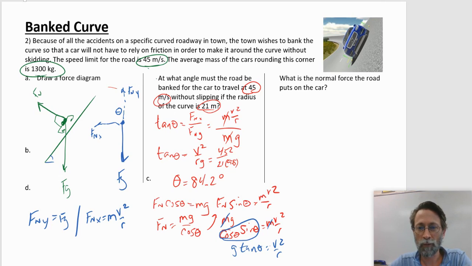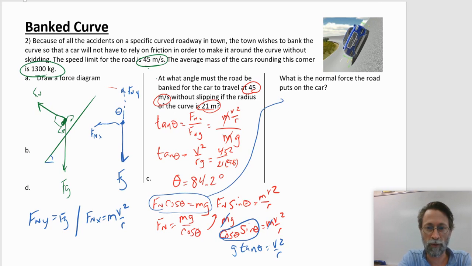Lastly, what is the normal force that the road puts on the car? We're going to have to break it down into parts. So now that we have what that angle is, I look at these two equations and say, well, probably the easier one for me to do would be this one. So I'm going to say the normal force times the cosine of theta is equal to mg. That normal force equals mg divided by the cosine of theta.